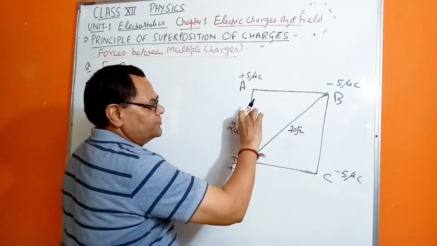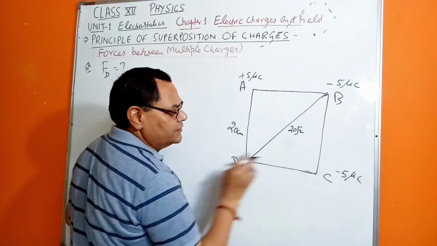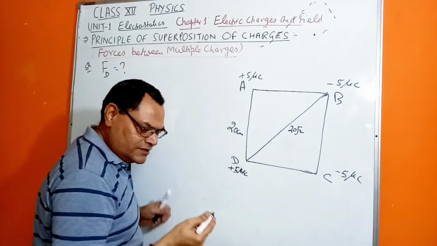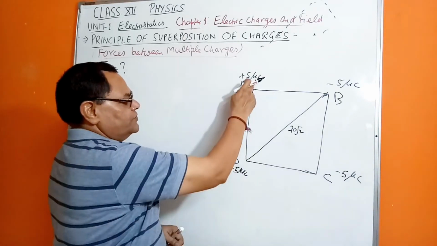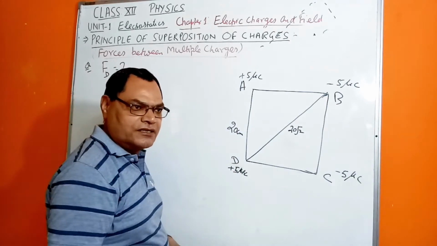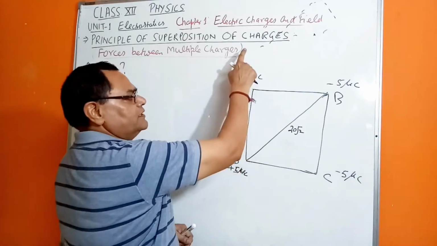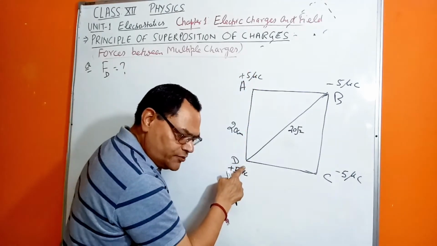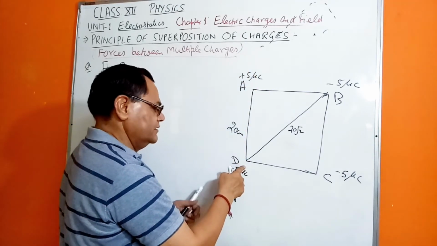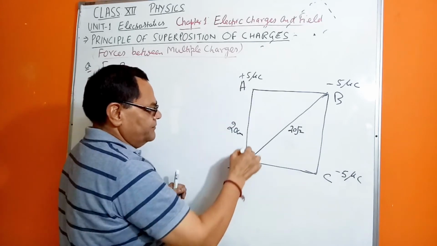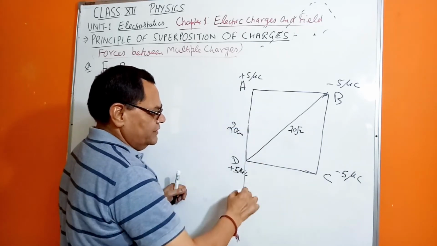We identify 3 forces, one here, one here, one here. Now the next point is nature. Positive, positive, force of repulsion. So whether this will repel this or this will repel this, the point where we are calculating force should be repelled, meaning it will repel like this. So the force will be acting this way.